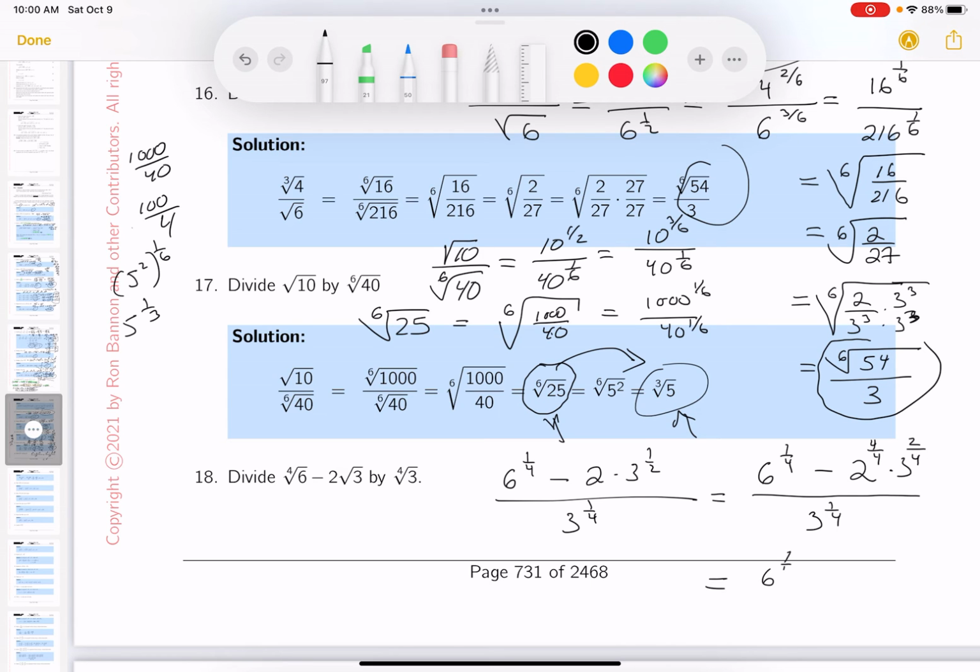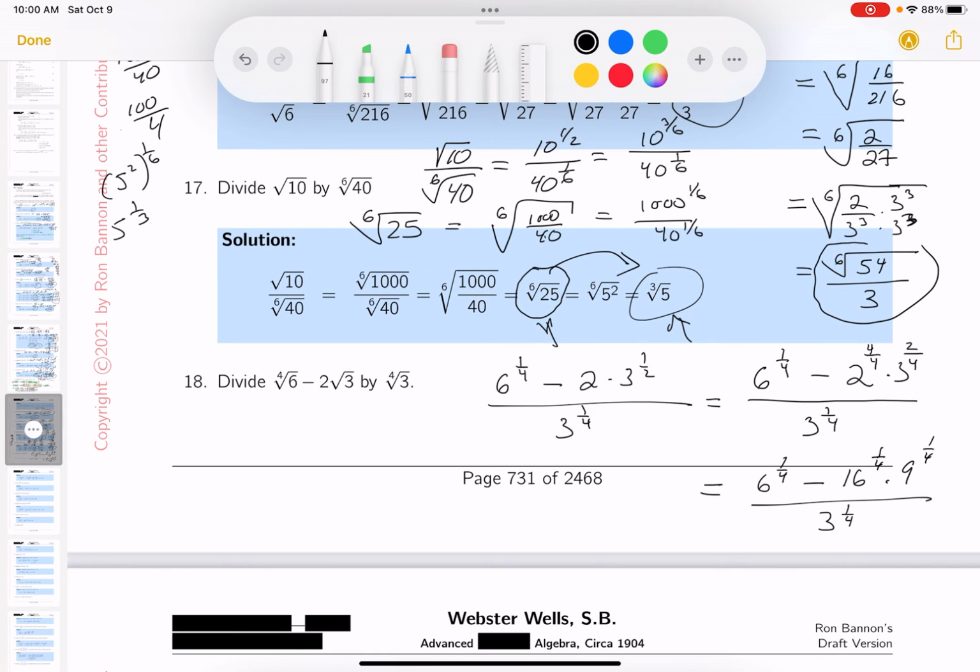6 to the 1/4, right, minus, well, I'm going to 2 to the 4. That's 2 times 2 is 4, 8, 16 to the 1/4, times, well, I'm going to do 3 squared, which is 9 to the 1/4, over 3 to the 1/4. All right? I'm going to kind of write it down now, and I'm going to kind of split into 2 separate terms, by the way.